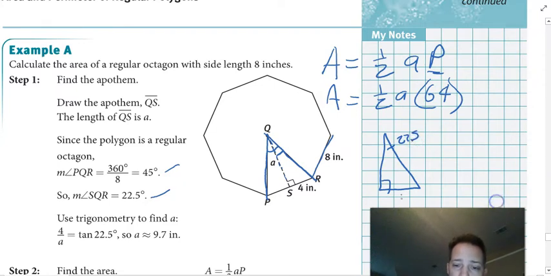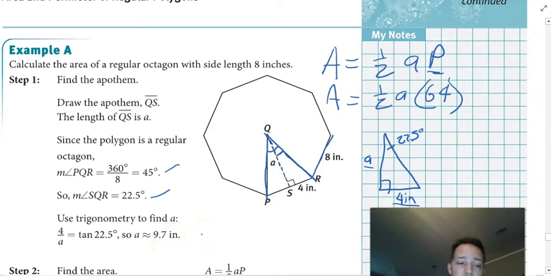They know one of the sides is 4 inches. And they're solving for this piece right here, which conveniently is called the apothem, but also happens to be the adjacent leg to the angle that we know, which means we could use trigonometry to find this. We could use tangent using the opposite and adjacent legs to solve for this. So they use the tangent function using the 22.5 degree angle.